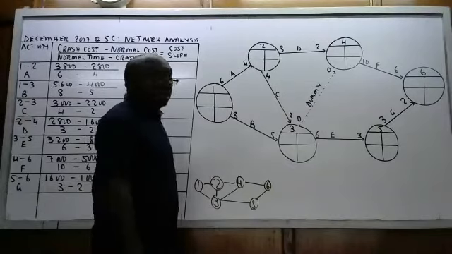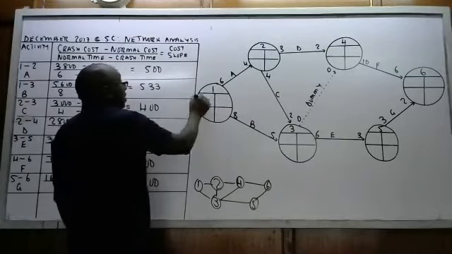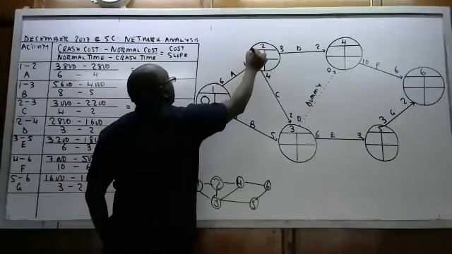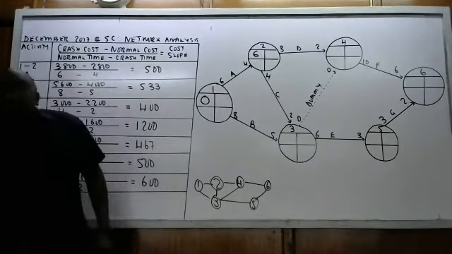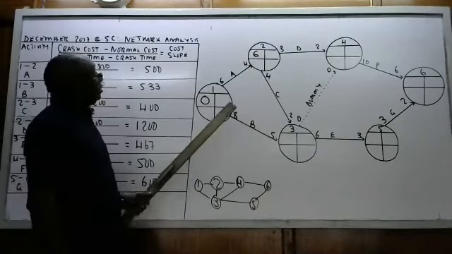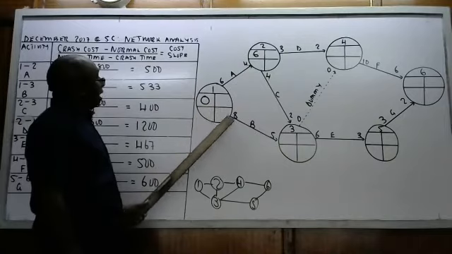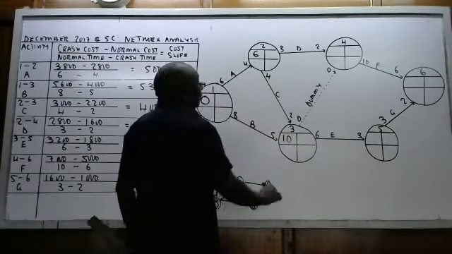Okay. So now we do the normal. This is 0 plus 6. We get 6 here. Then when we come here, there are 2 arrows, so it is 6 plus 4, that is 10, and 0 plus 8, that is 8. So we go for 10.